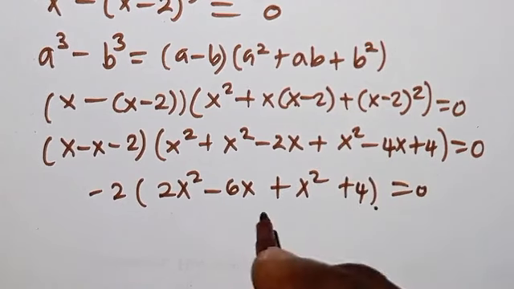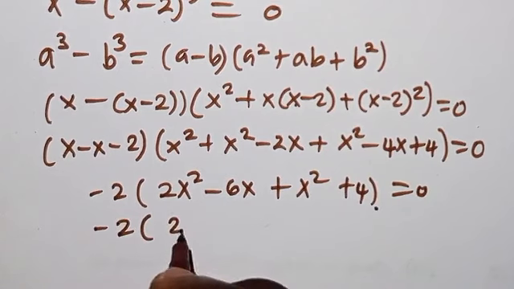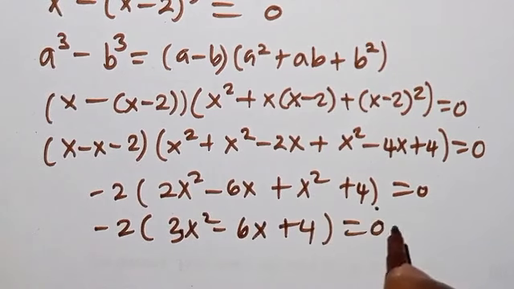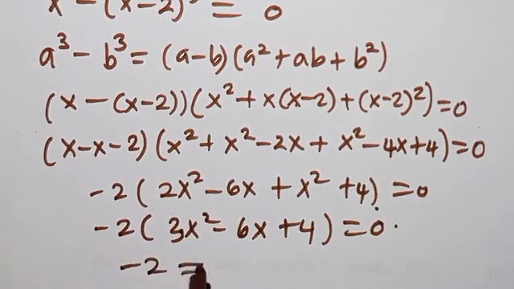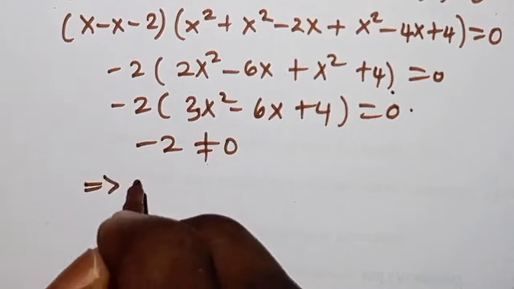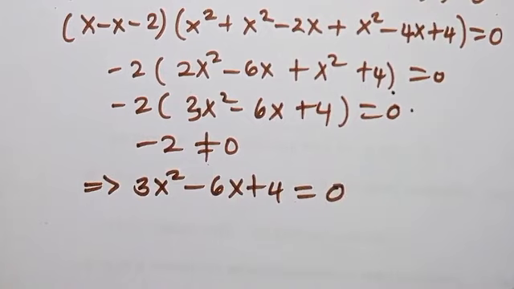Further, 2x squared plus x squared gives 3x squared minus 6x plus 4 equals 0. Now 2 cannot be 0, so what will be 0 is 3x squared minus 6x plus 4 equals 0.